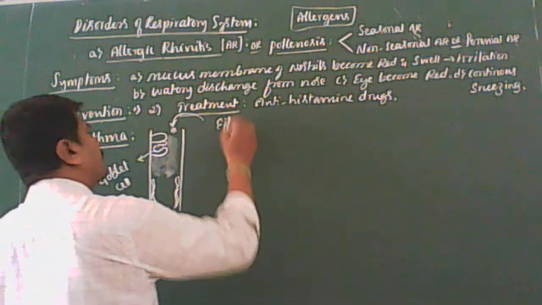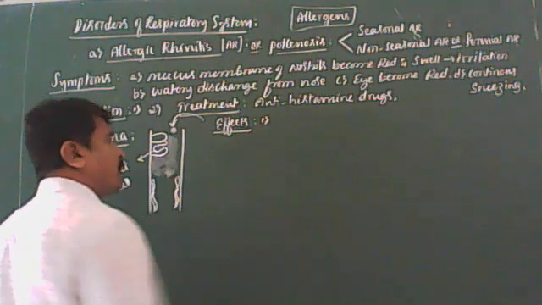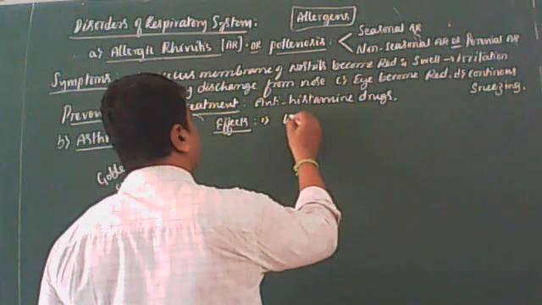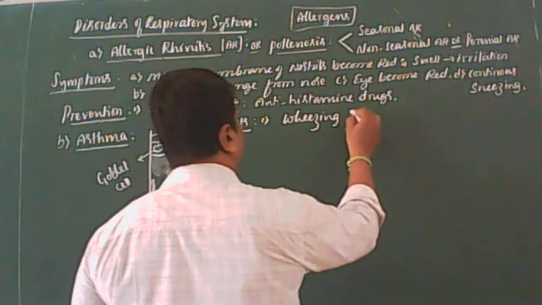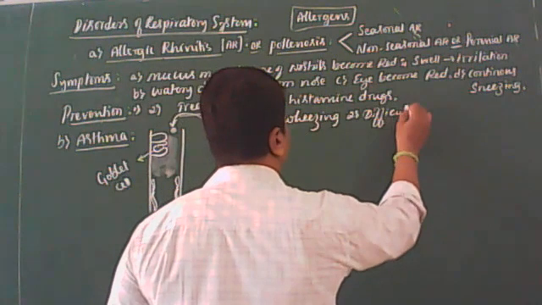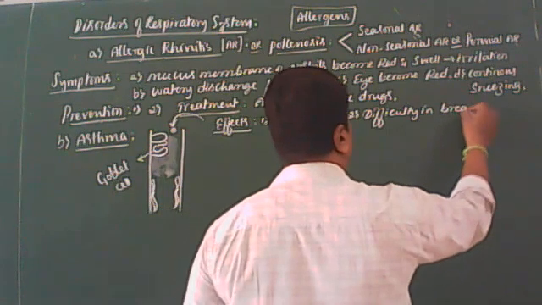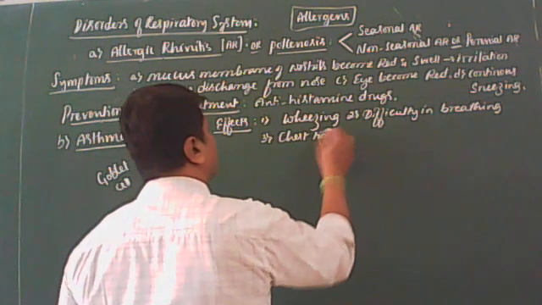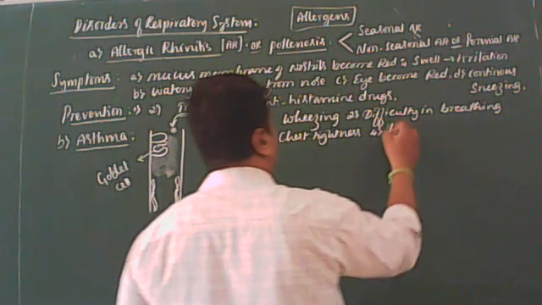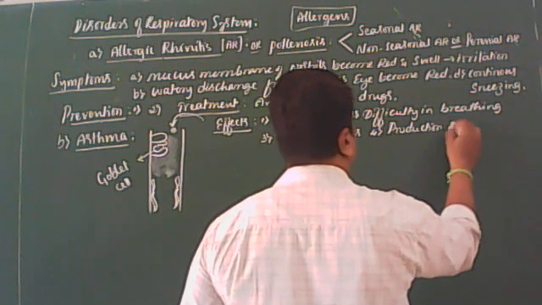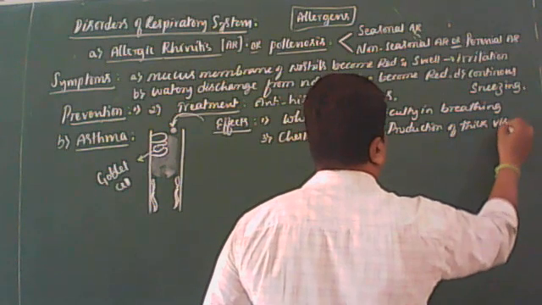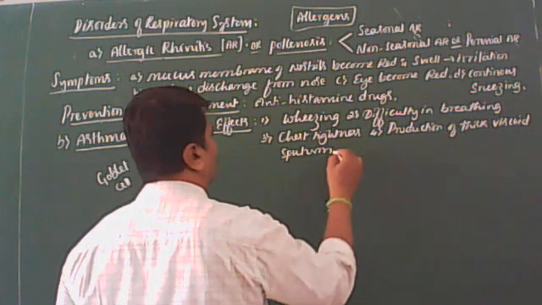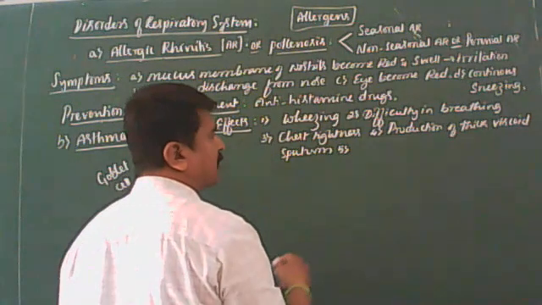The most common symptoms or effects of asthma are wheezing, difficulty in breathing, chest tightness, and production of thick viscoid sputum.